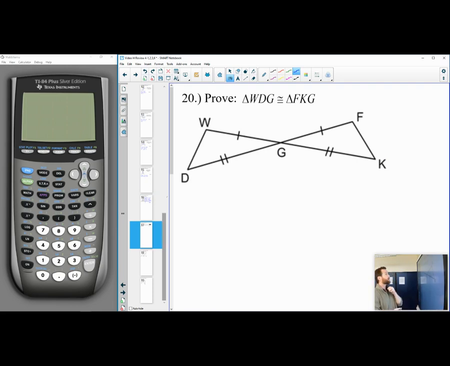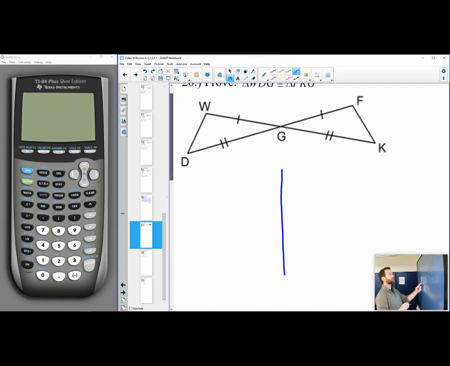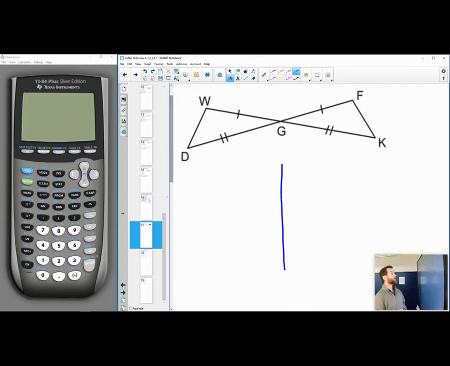Moving on. Looks like we've got 1, 2, 3 more problems to go in this review video. So it's another proof, and we have to prove that triangle WDG is congruent to triangle FKG. There's no given statement here, so the markings are already there waiting for us. So let's not waste any time. Let's go in there and find them. I'm going to draw my line right there to separate the two columns for the 2-column proof. What do we see first? I see a pair of sides right there. So we can say that segment WG is congruent to segment GF.